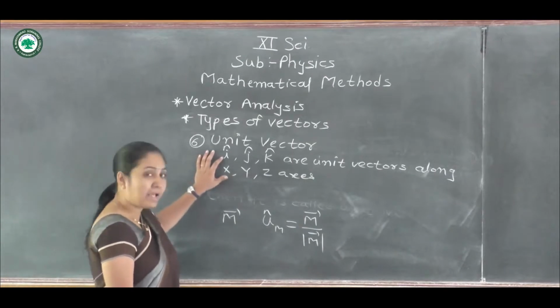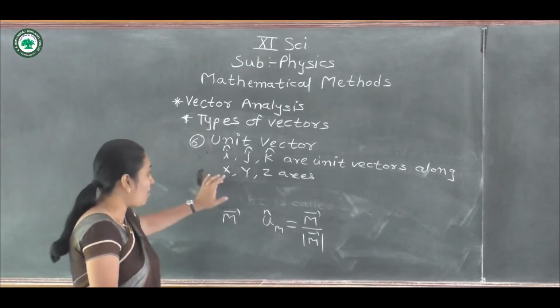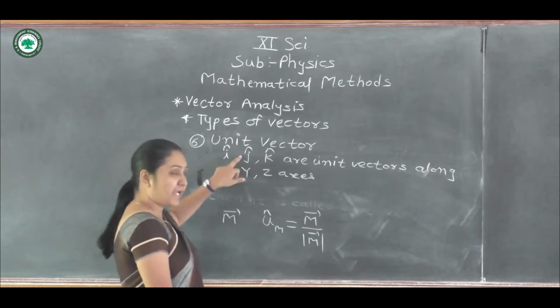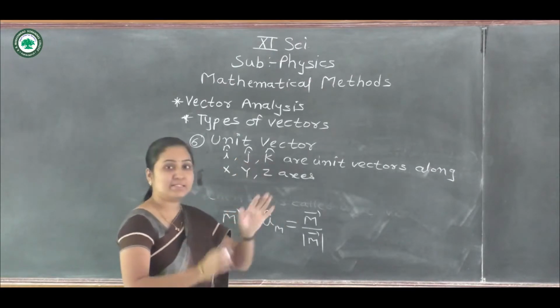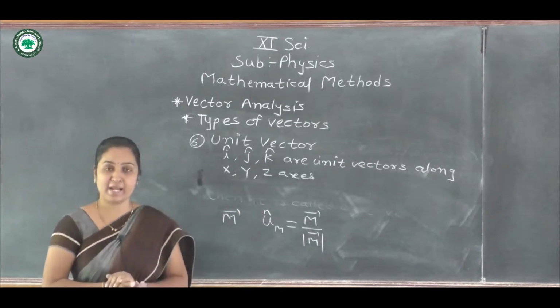So i cap is the unit vector along the x axis, j cap is the unit vector along the y axis, and k cap is the unit vector along the z axis.